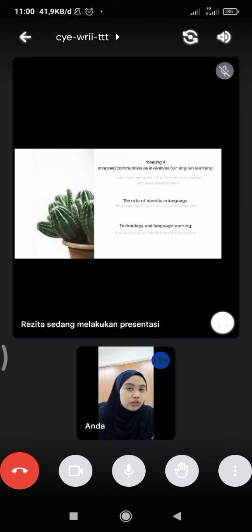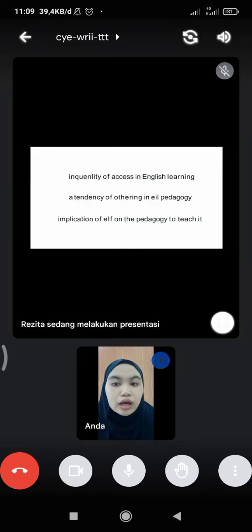How do technology and language learning support students? The first is technology increases student opportunities for enthusiastic interactions with native speakers and other language learners. The second one is learning with technology is more flexible.